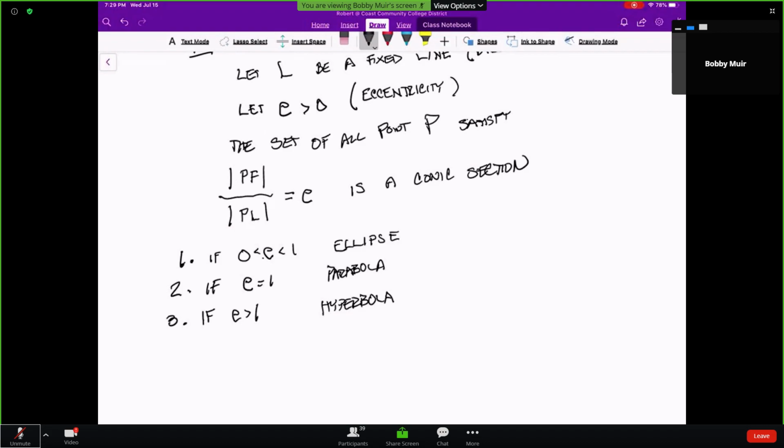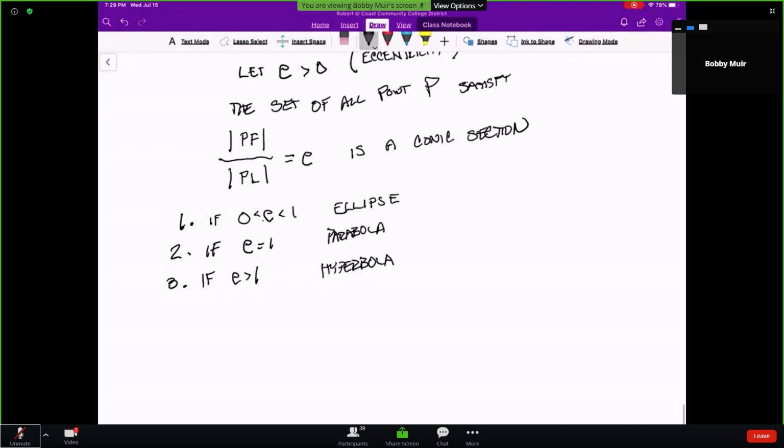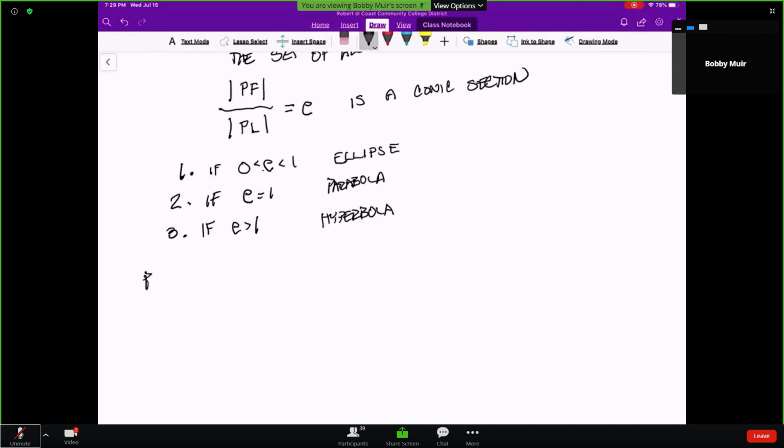The proof of this, I'm not going to really go through. I'll let you look at it. But in the case when E equals 1, that's the definition of a parabola.